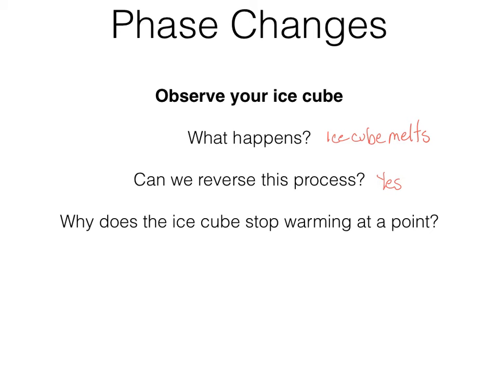So these are all the sorts of things that we see on a regular basis. And what we are going to try to do is calculate some of the energy transfer that is part of these phase change processes.